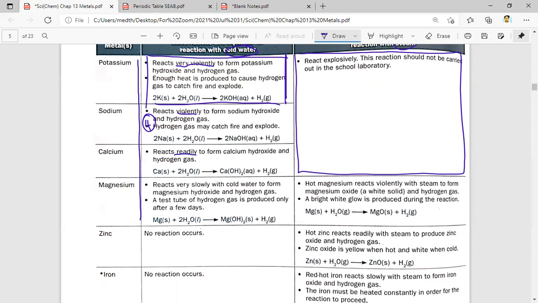The word violently tells you it's still quite a strong reaction, so sodium is definitely higher than calcium. Last one, magnesium reacts very slowly with cold water. So readily versus very slowly, you can see why calcium is more reactive than magnesium. So I can use reactions to determine how reactive the metal is. Just take note of that.